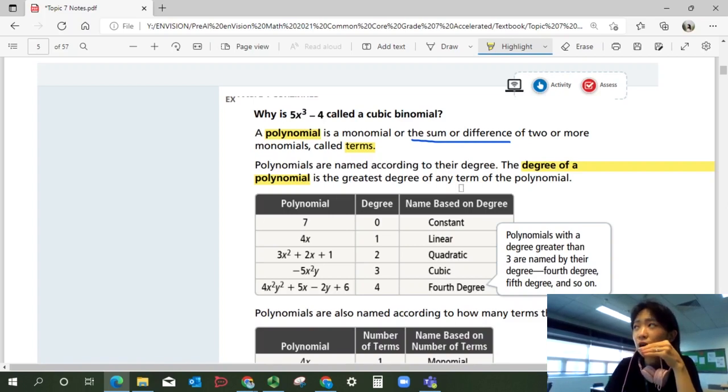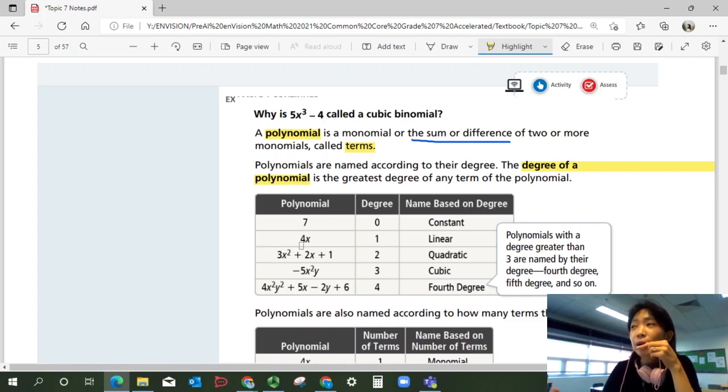Okay. So let's look at this chart. Polynomials have numerous types. Okay. So the first one, 7, does not have any variable. It is a degree of 0 because it's a constant. That's the name. Okay. 4x, it has a variable, it has a constant. Together, it's a monomial. No addition, no subtraction, they're just multiplication. It's a monomial.